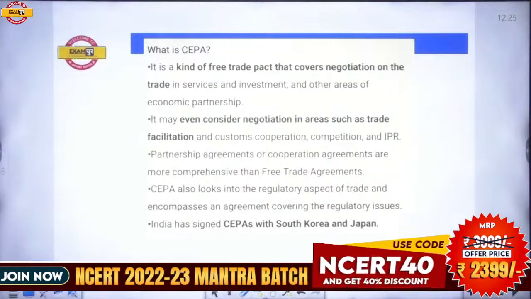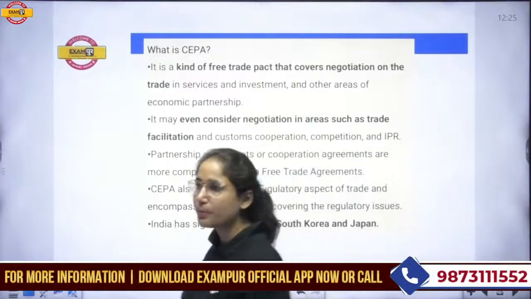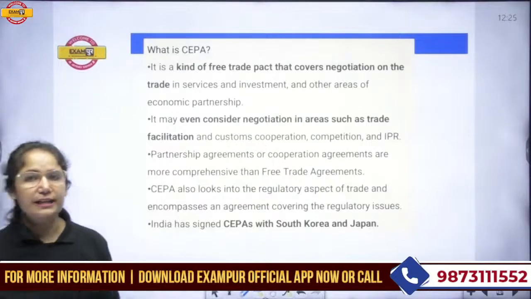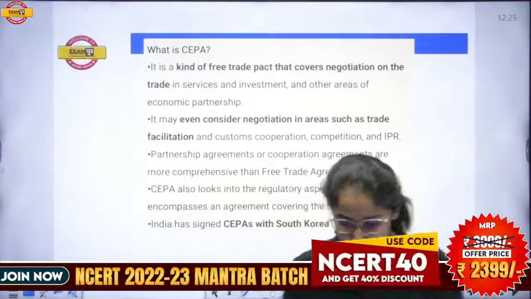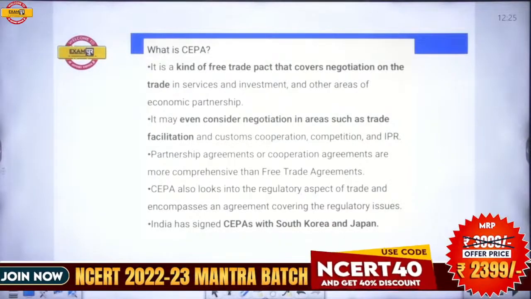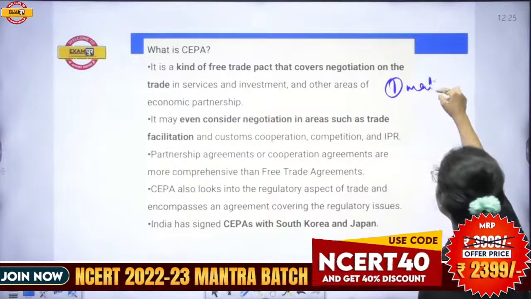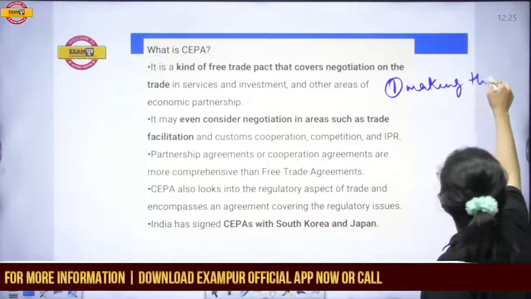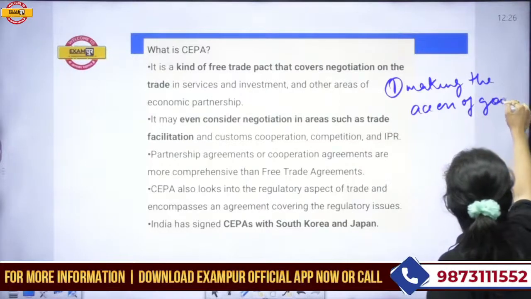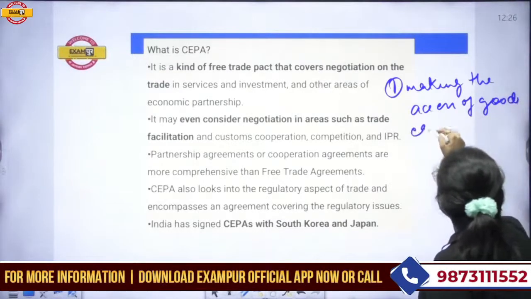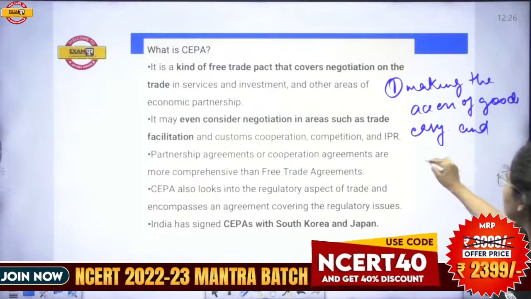Next is all about what CEPA is, what kind of ease and simpler provisions you are providing to the country if you are signing the Comprehensive Economic Partnership Agreement. Okay, so a kind of trade pact. First of all, you are making access to goods easy and cheaper.